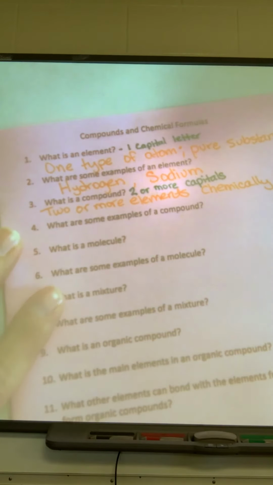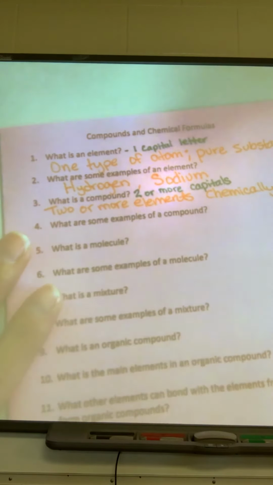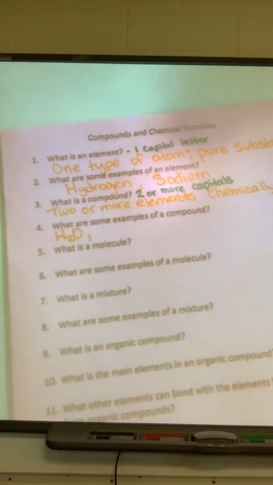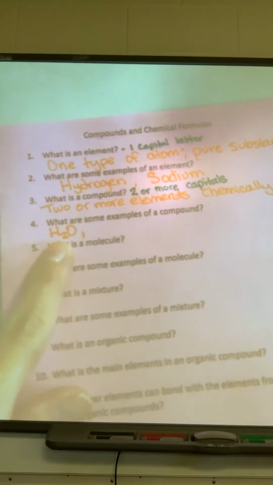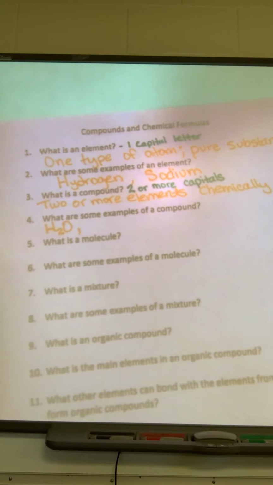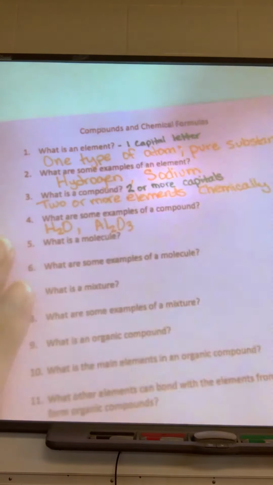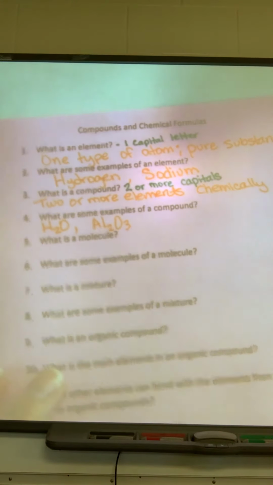All right, so I could look at examples of those. H2O. All right, they're chemically combined. I could write down water, just name it as water, but when I put my chemical formula down there, I'm going to definitely see that. We had Al2O3, aluminum oxide, yesterday. Okay?